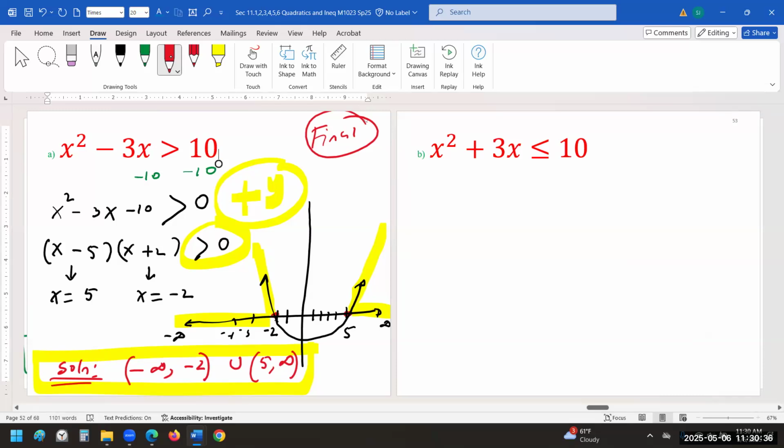Try this. They look the same, but definitely they are not the same. You don't have to do it alone. Talk to your neighbors.